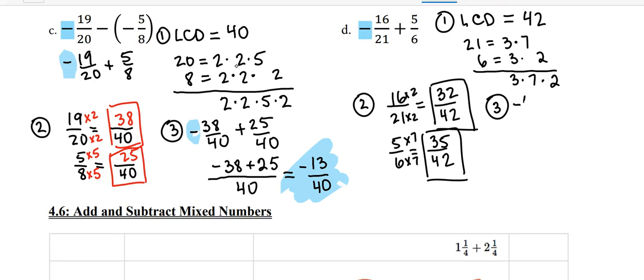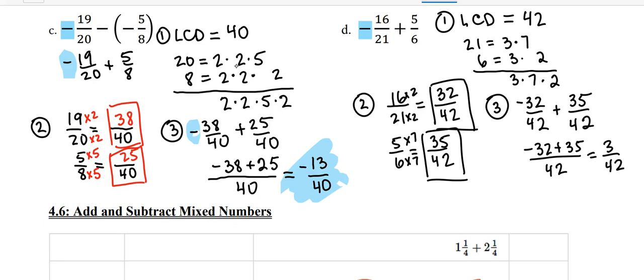So I have negative 16. I'm sorry, not negative 16. I already changed that, but it's a negative. So I have negative 32 over 42 plus 35 over 42. So 42 on the bottom, negative 32 plus 35 gives you 3 over 42.